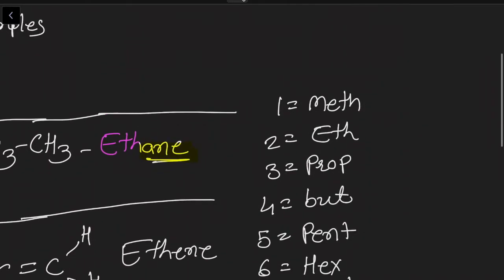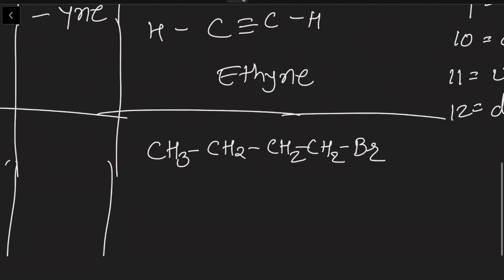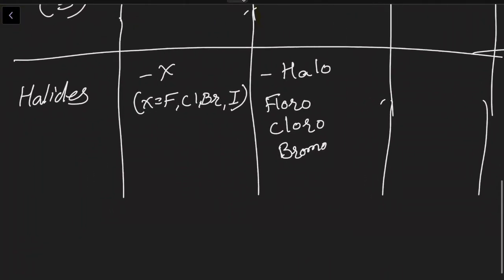So 4 in Latin is called but, so we'll call it 1-bromobutane. And remember, it is an alkane because it doesn't have any double bond. They're carbon-carbon single bonds, and bromo is a prefix, so we're going to use the suffix ane.